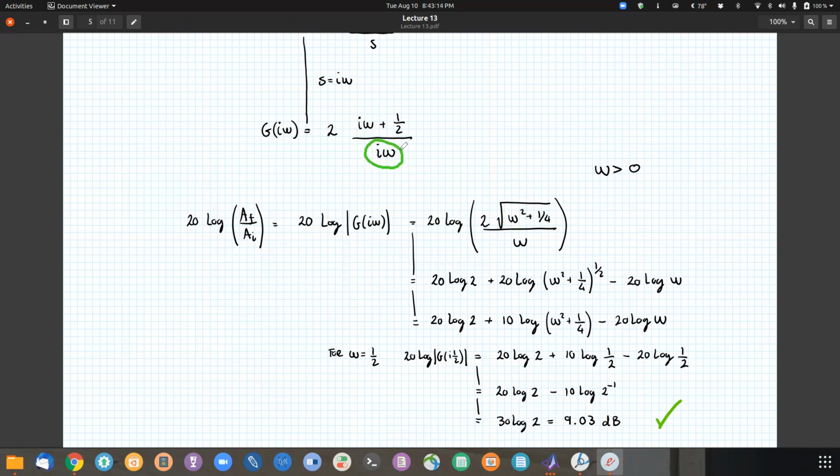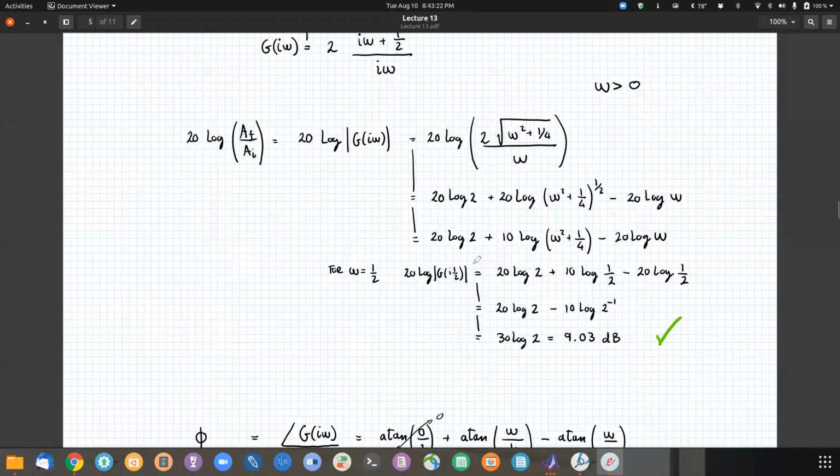At the denominator, instead, we have the magnitude of i omega, which is simply omega. Now here I've just used the properties of logarithm to break down this fraction. So review properties of logarithm if you don't remember them. And so we're left with this function here, which is a function of omega alone.